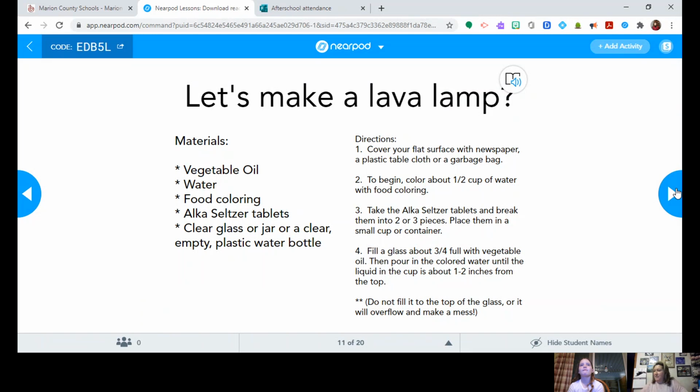Yeah. Okay, so we're going to take our bottle. You got your water bottle? Now, you might want to have something covering your table so that when you pour stuff, it's not going to make a big mess. Go ahead and take your cap off of it.